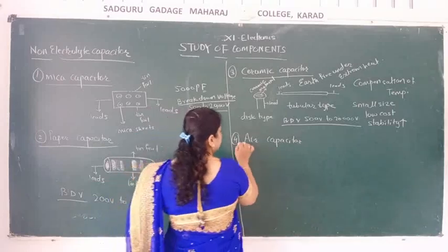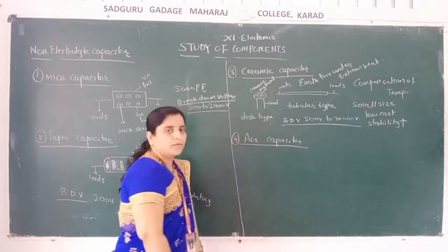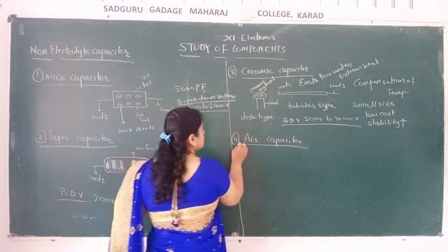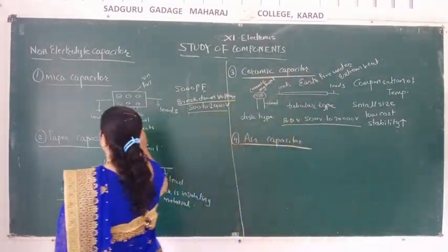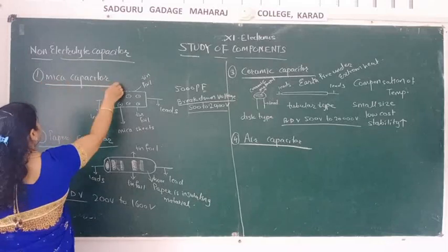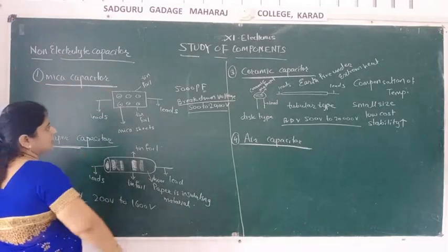Next is the air capacitor. What is the air capacitor? Air is the dielectric material. Here mica is the dielectric material, here paper is the dielectric material.